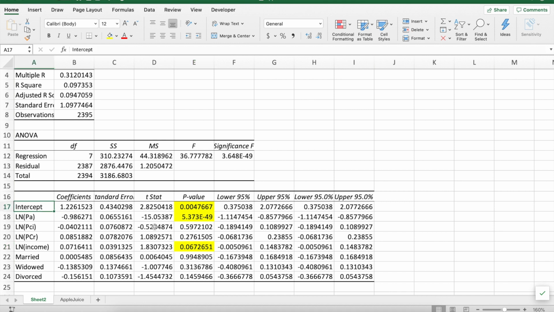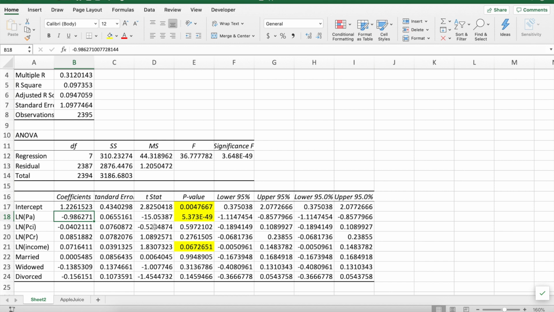Let's look at it. So the natural log of the price of apple juice, this coefficient is negative 0.986271, right? That is an estimate of the own price elasticity of apple juice. Okay, so you should recognize that it is, technically, inelastic, right? It's negative. Own price elasticities are always going to be negative. It is slightly smaller than 1 in absolute value, which means it's inelastic, but it's also very close to 1.